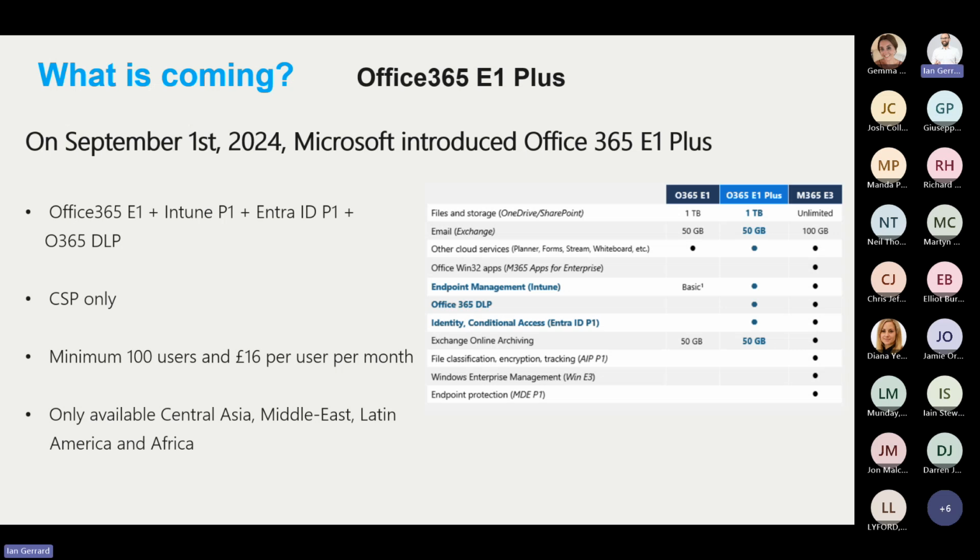Again, we don't know the price point, but looking at a few other bits and pieces, we're thinking around £16 per user. So imagine this is someone who's got a mobile device, the E1, so they get Office web apps, they get Exchange Online with the reduced inbox, but now they can put some DLP on that for their messages.